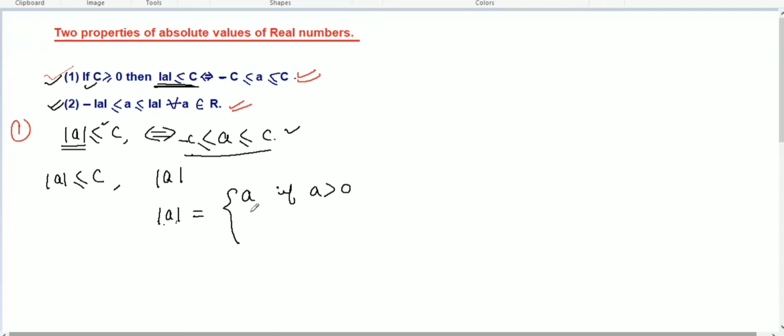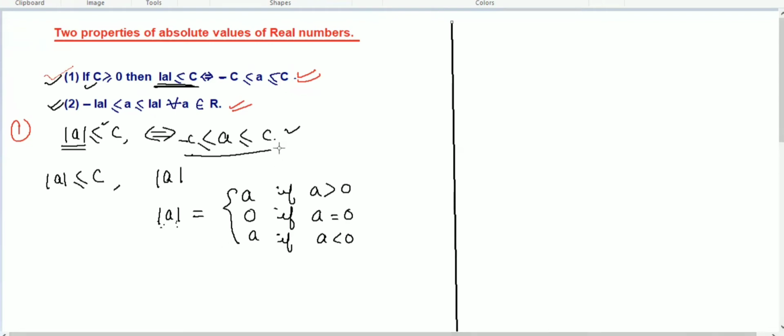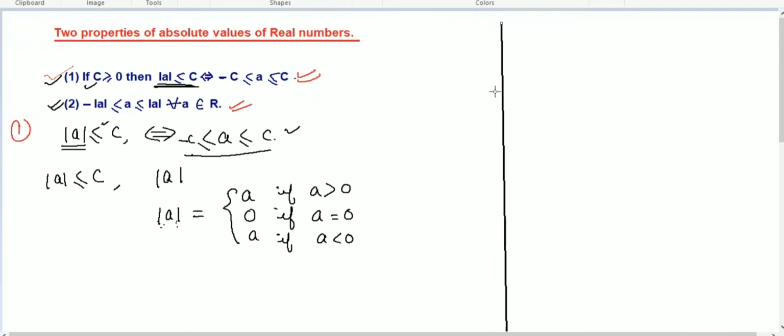The absolute value of a equals 0 if a equals 0, and the absolute value of a will give you minus a if a is less than 0. Here we need to understand this one separately as well. I'm going to explain what the absolute value of real numbers is. These are the properties of absolute value of real numbers, but here I'm going to explain what the absolute value is.